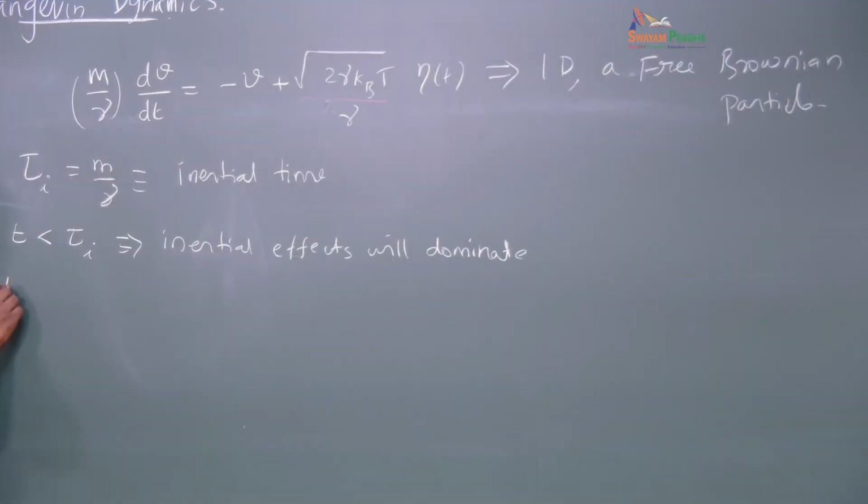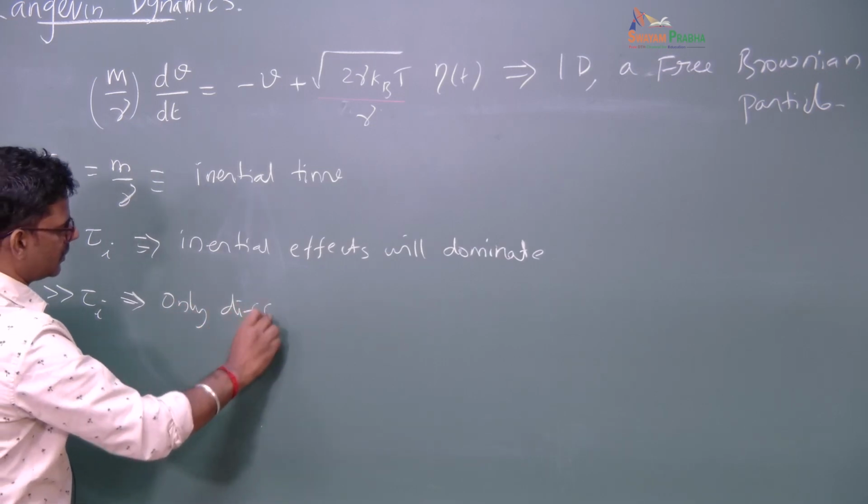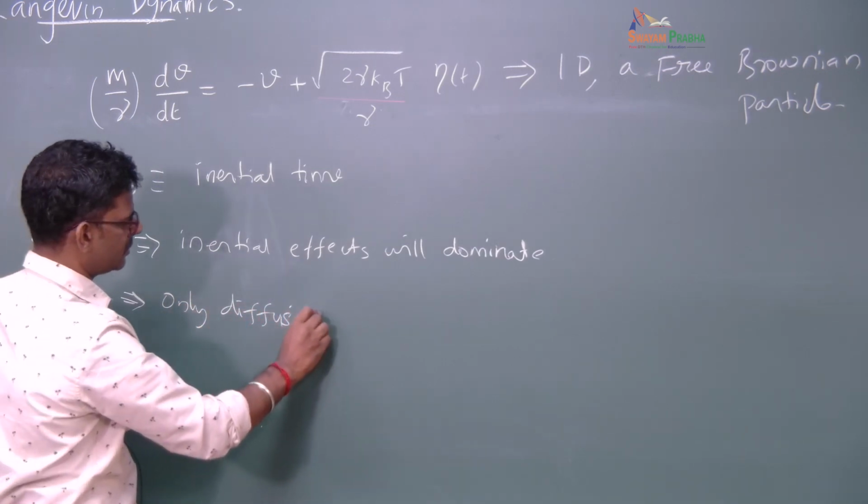For time t much larger than tau I, only diffusive effects dominate.